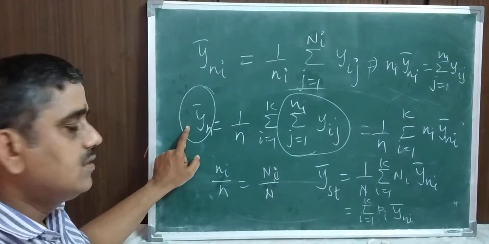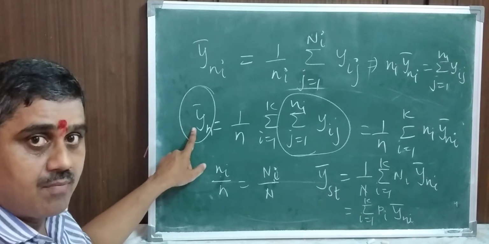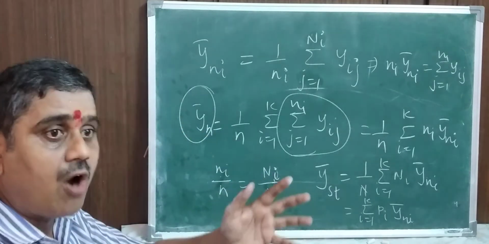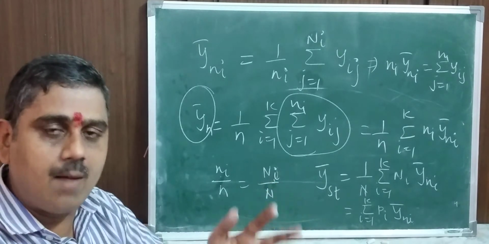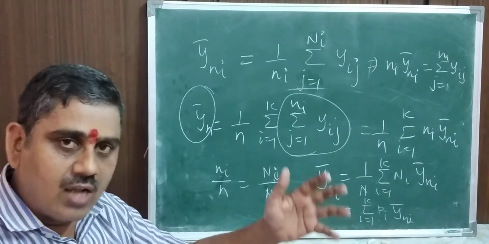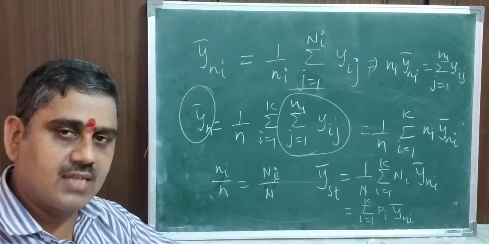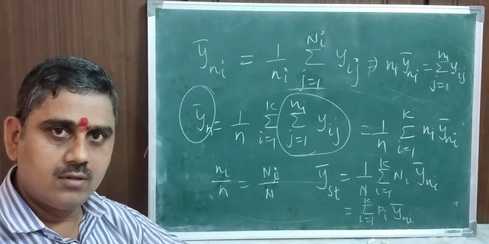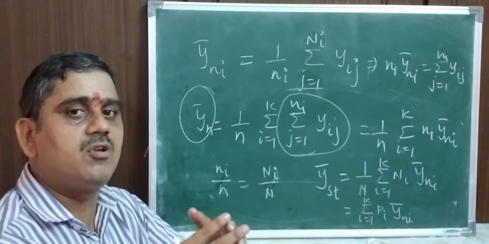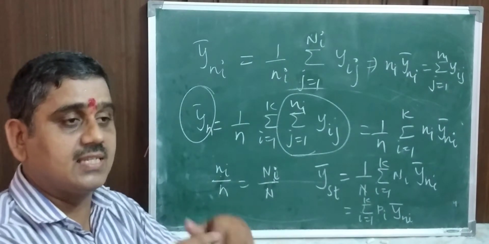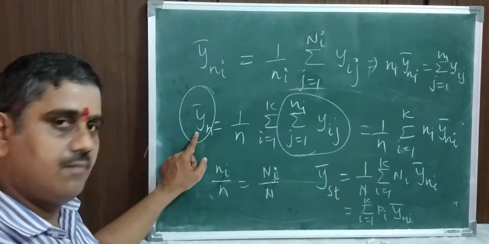This other one is the stratified random sample mean. It is a collection of all the samples, the sample sizes of all simple random samples in SRSWR, which are nothing but the collection of all simple random samples, that is the stratified random sample.